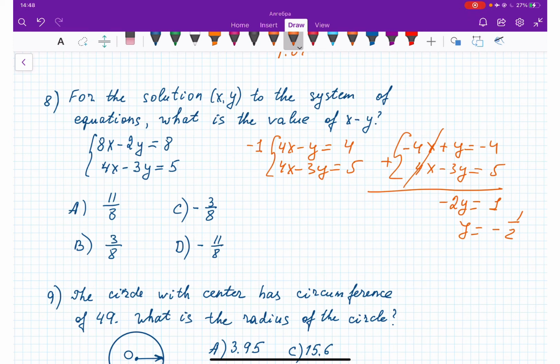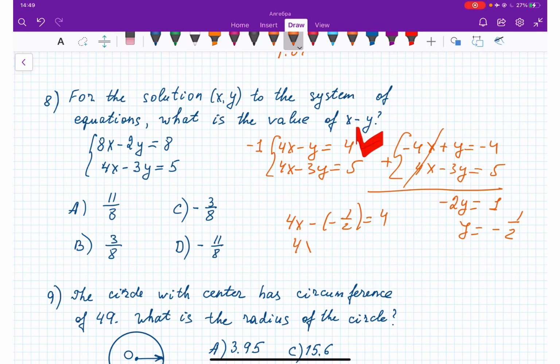So we have 4x. I'm plugging into the first one right here. Let me mark it down. It's going to be 4x minus -1/2 equals 4.